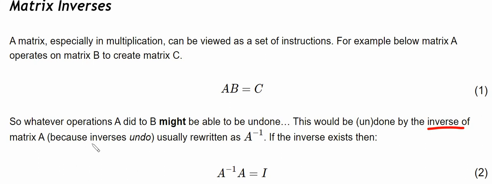And because inverse is undo, A inverse is written like this. You can have B inverse as well, which will be written like this. And if the inverse exists, you write this as a normal matrix A and this as the inverse of A, and when A inverse and A multiply, you get I.